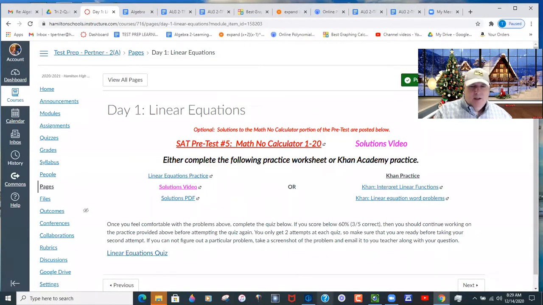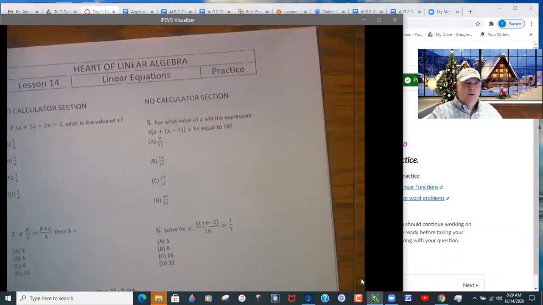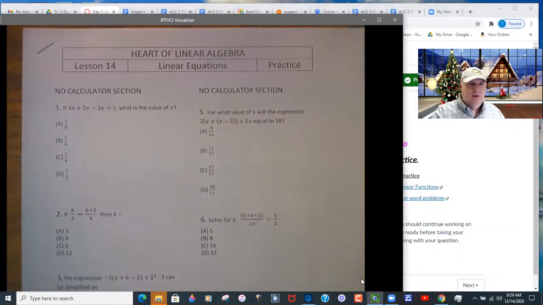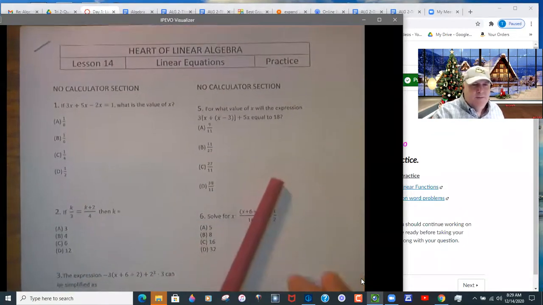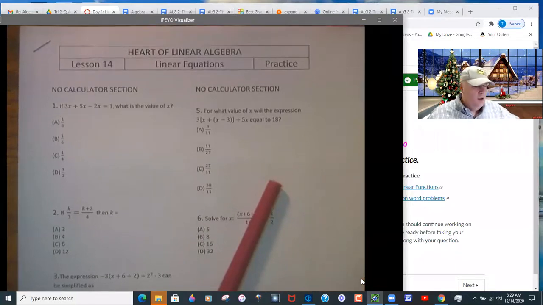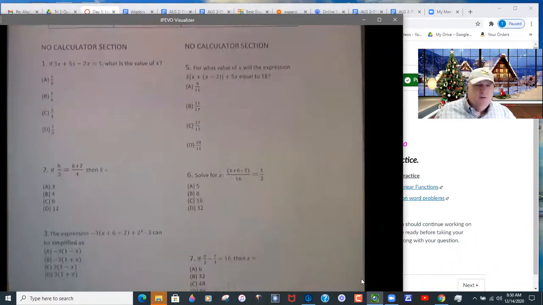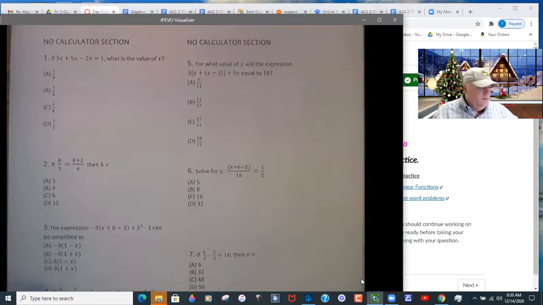So what I'm going to do today is just talk about a very important, my overhead going here. So this is, if you did pick up a paper packet, this is in there, or it's on the video, I go through all the problems. But what I want to stress is a couple of things to start off with.